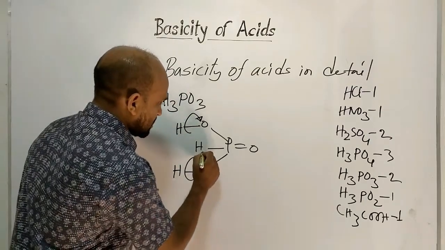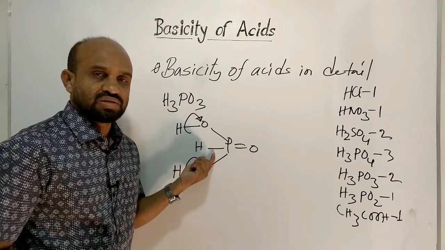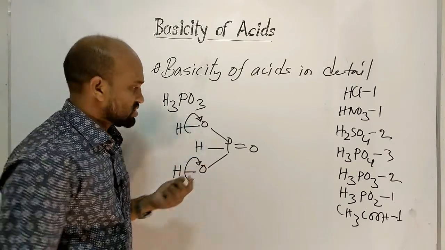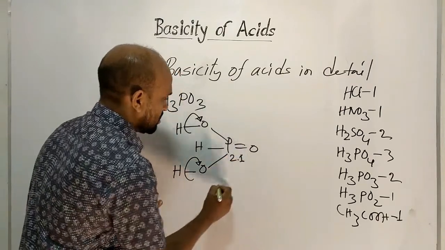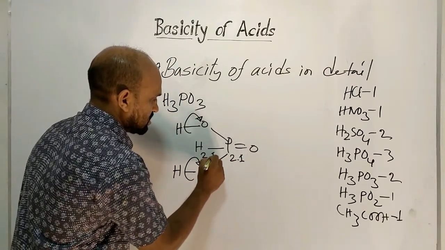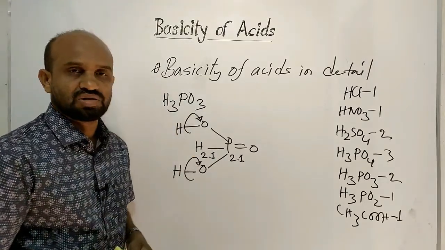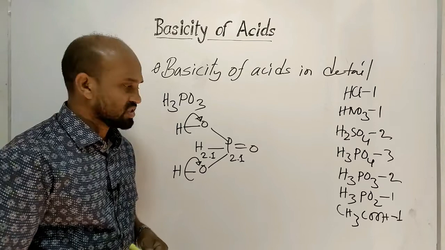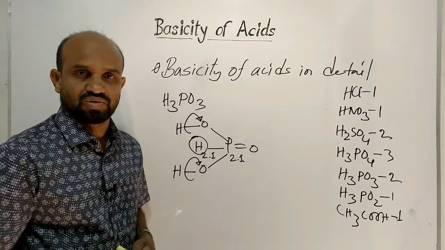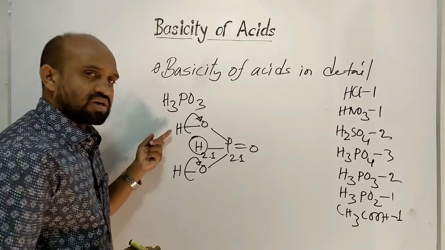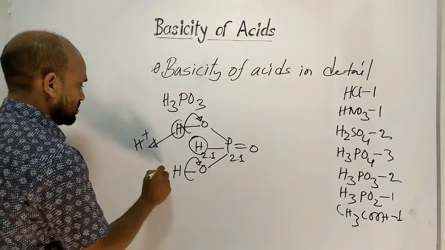But here the bond between hydrogen and phosphorus remains intact because the electronegativity of phosphorus is 2.1 and hydrogen is 2.1. That is why this bond doesn't undergo heterolytic fission and it is not produced as a proton, but the other two hydrogen atoms are released as protons.